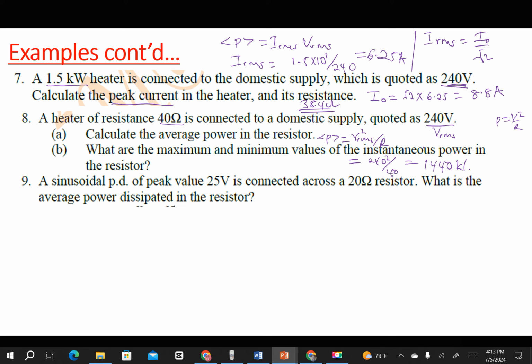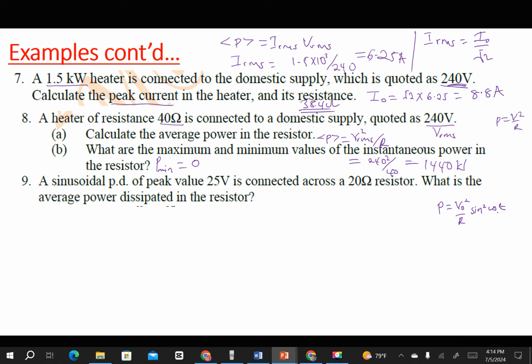Okay, then we want to find the maximum and minimum values of the instantaneous power in a resistor. Of course, minimum power is automatically 0, because if you look at the equation of instantaneous power, power is equal to, let's say, V naught squared over R sine squared omega t, if I use that equation. When t equals 0, the power is going to be 0.